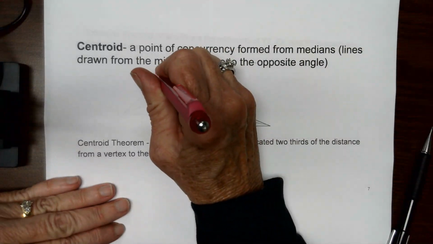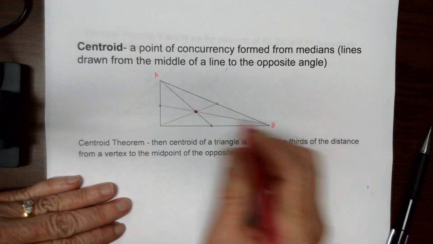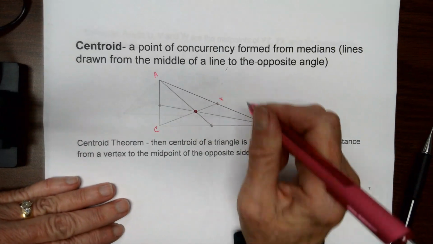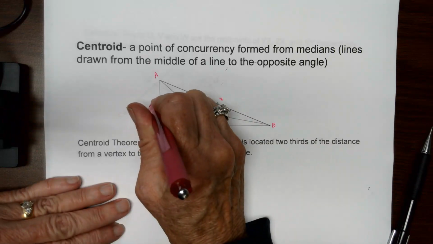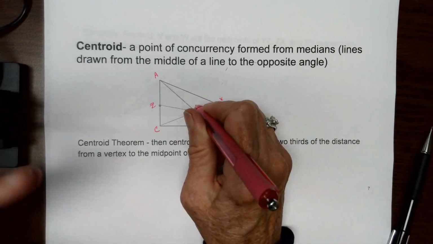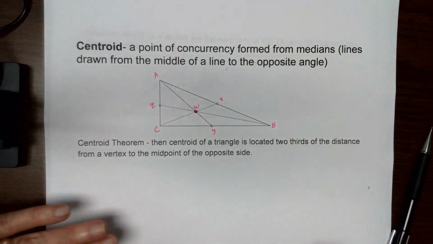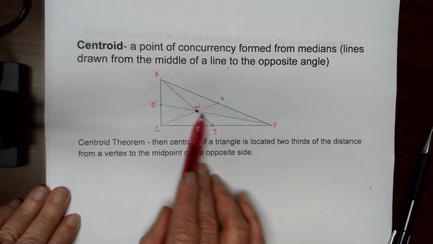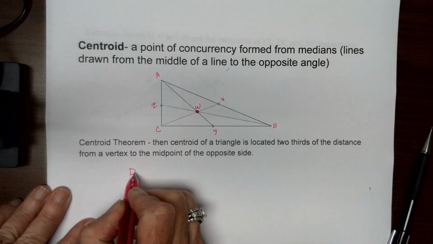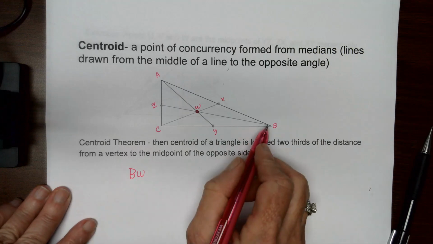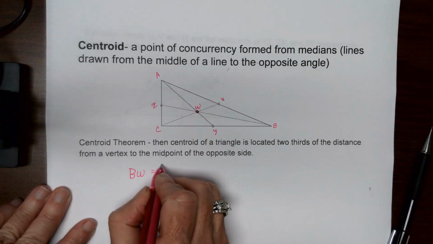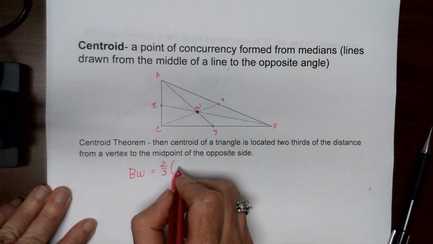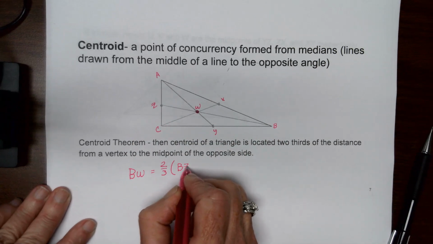Let's say I label these X, Y, Z, and let's call this W. What this theorem says is the distance from B to W is 2/3 of the entire distance, BZ.